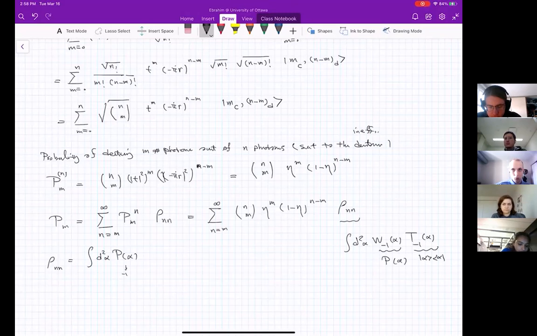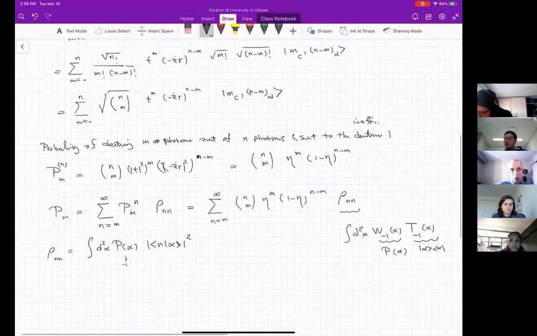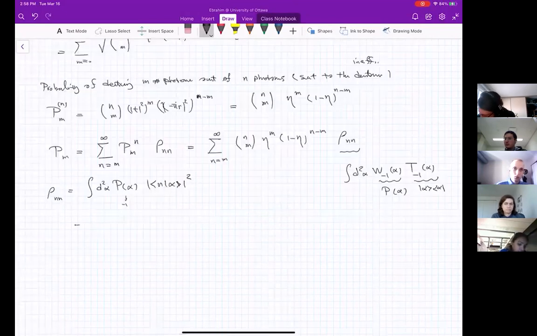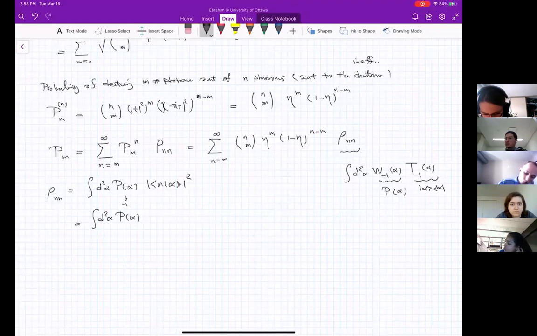Okay, so if you look at this, you will get that it should be equal to the square modulus of the projection n alpha, which we can simplify. It will be equal to the integral of d2 alpha P of alpha, times the projection of the coherent state on the Fock state n.